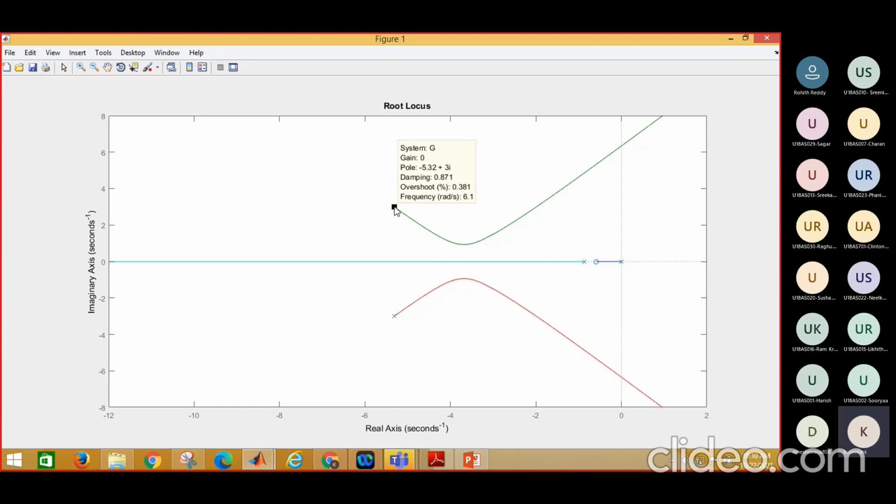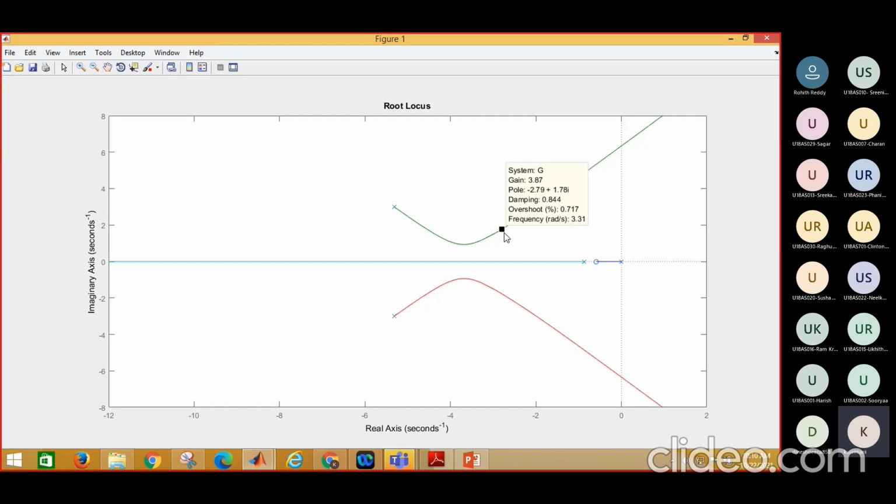If you increase my gain value, it has a tendency to reduce. If you look at my gain value of 3.6 or 3.88, go along this direction.